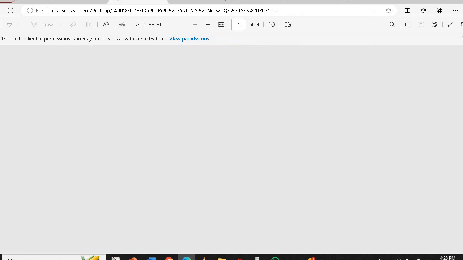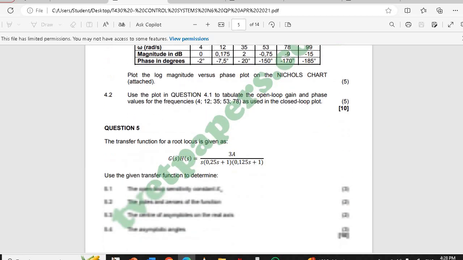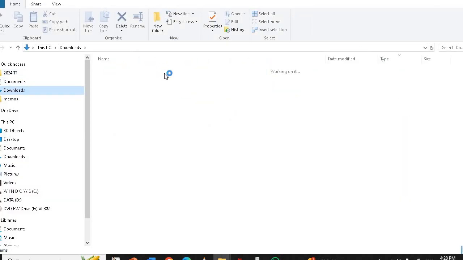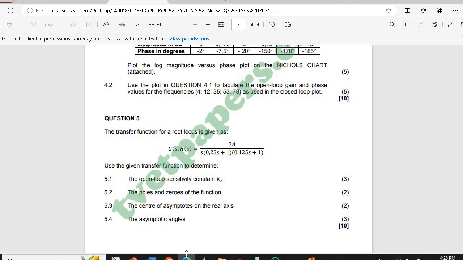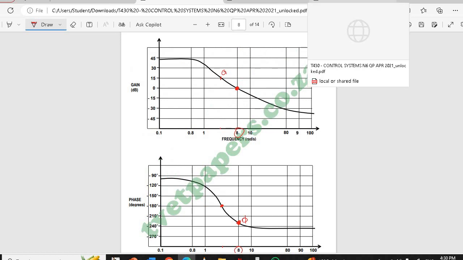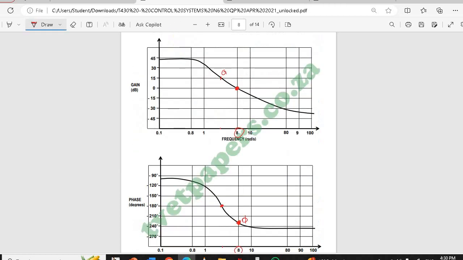Let me open the diagram this side. Okay guys, if I open it like this, it becomes easier, so we can see the peak gain value. So let's check our question diagram for gain.